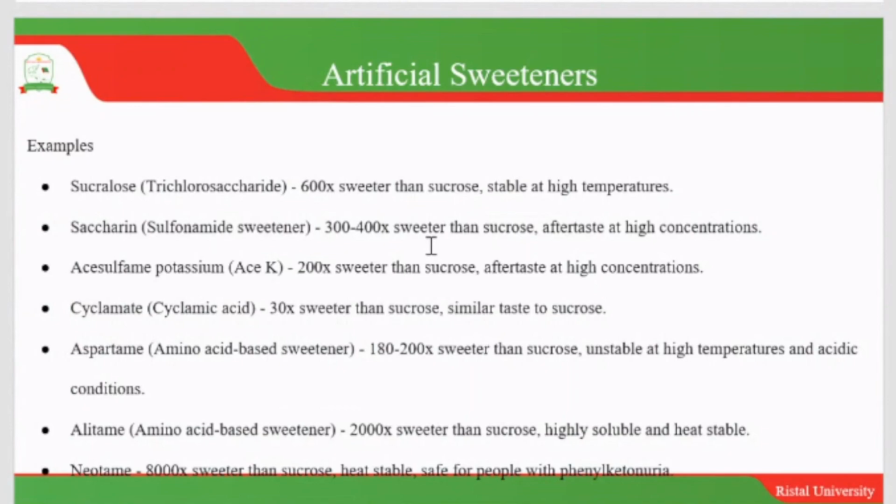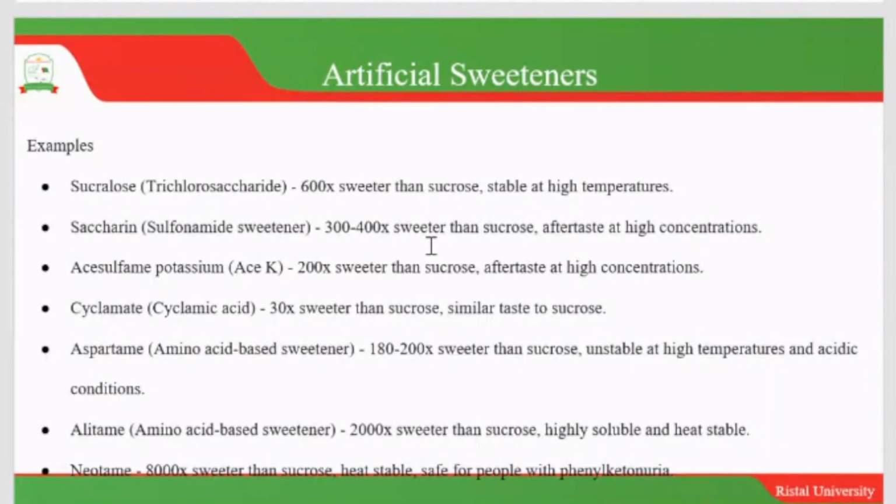The biggest one that you will find on the market among these artificial sweeteners is aspartame, bullet number 5, which is 180 to 200 times sweeter than normal sugar, and also it is unstable at high temperatures and acidic conditions. So you will hear a lot about aspartame and sucralose.